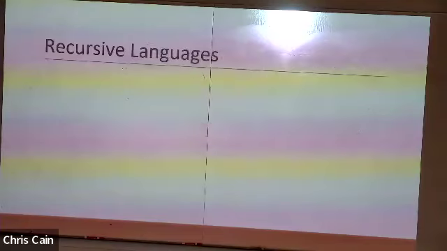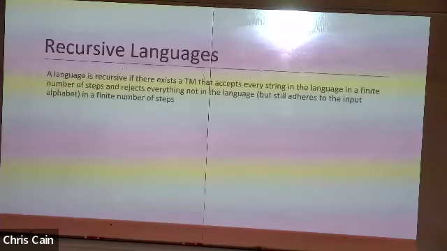The second class of language that we care about is a recursive language. This is a class of language where if we build a Turing machine for it, it will accept every string that is in the language in a finite number of steps, just like a recursively enumerable language. But it also rejects everything that is not in the language in a finite number of steps.